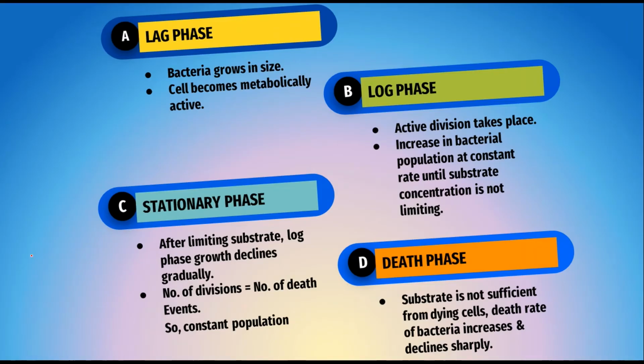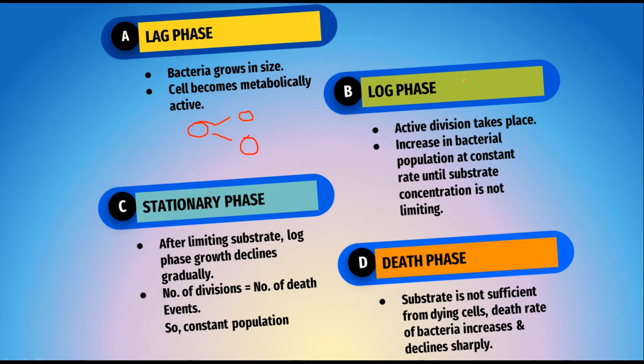First is the lag phase. So what happens? The bacteria grow in size and synthesize enzymes and coenzymes. The cell becomes metabolically active, and at its end the cell divides into 2 cells. Understood? Next is the log phase. So what happens?